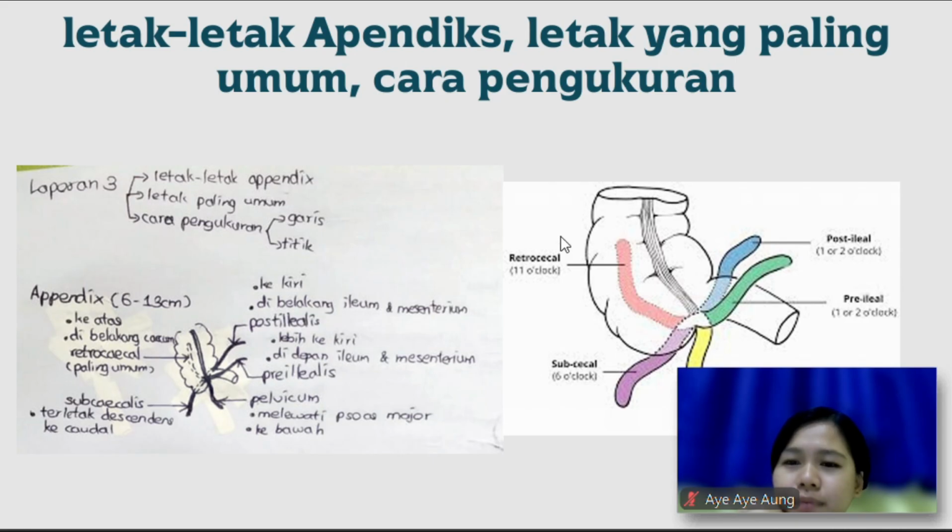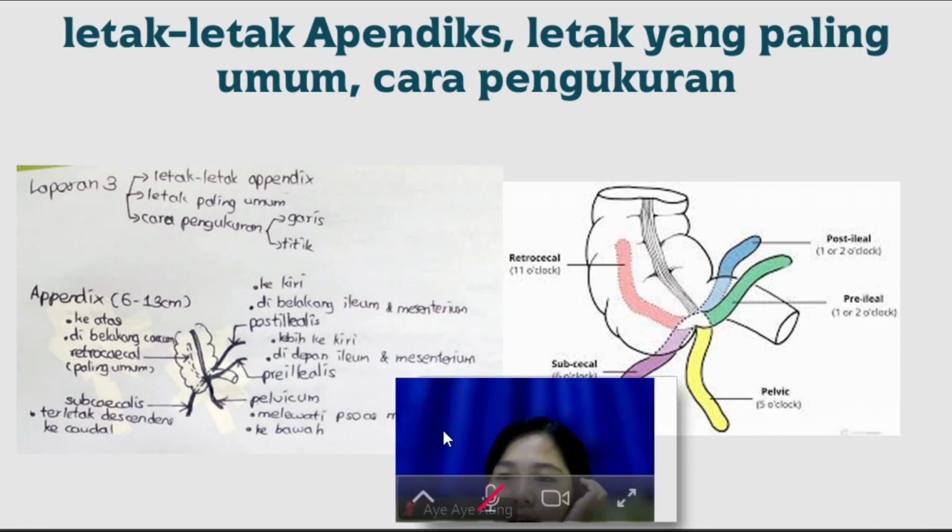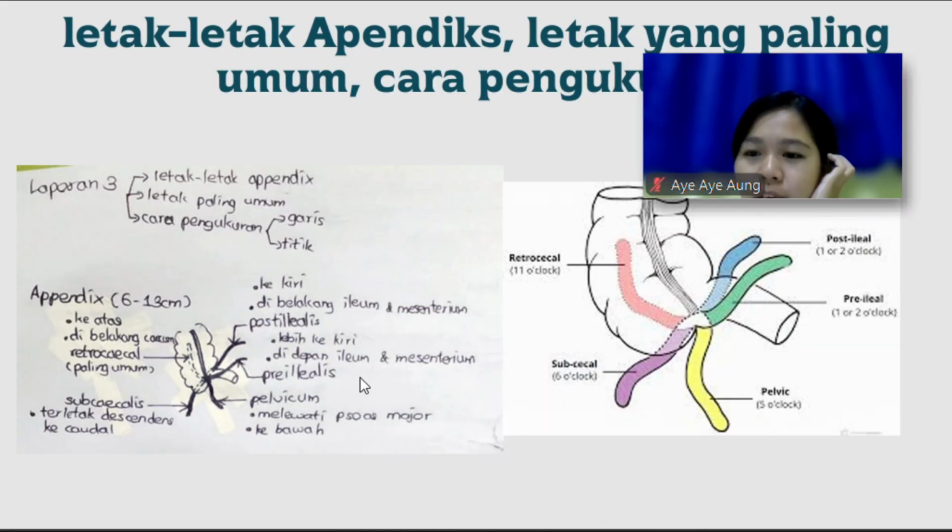So which are the retrocecal, which is behind the cecum, okay, and then post-ilealis, which is behind the ileum and mesenterium, and then we have pre-ilealis, which is in front of the ileum and mesenterium, and we have pelvicum. The pelvicum passes the psoas major, and then subcecalis, which is directed towards the caudal.